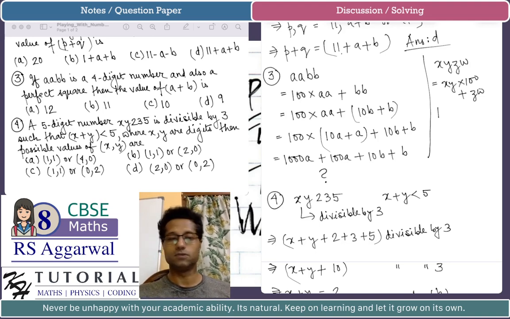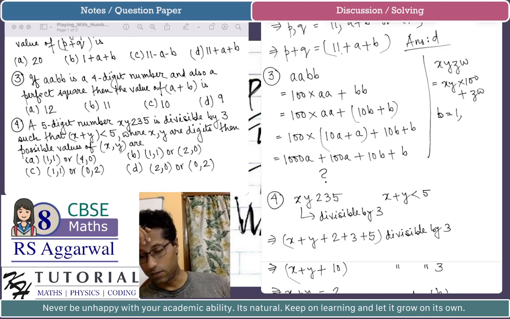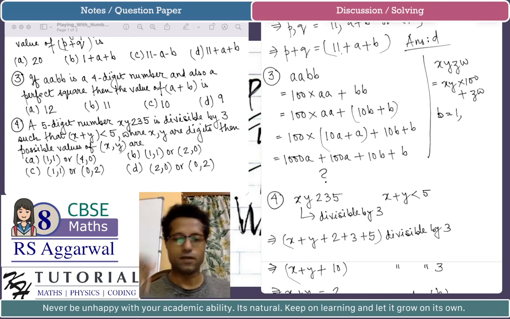So the possible choices of B, because AABB is a perfect square: B can be 1, since if the number ends with 1, its square will end with 1.